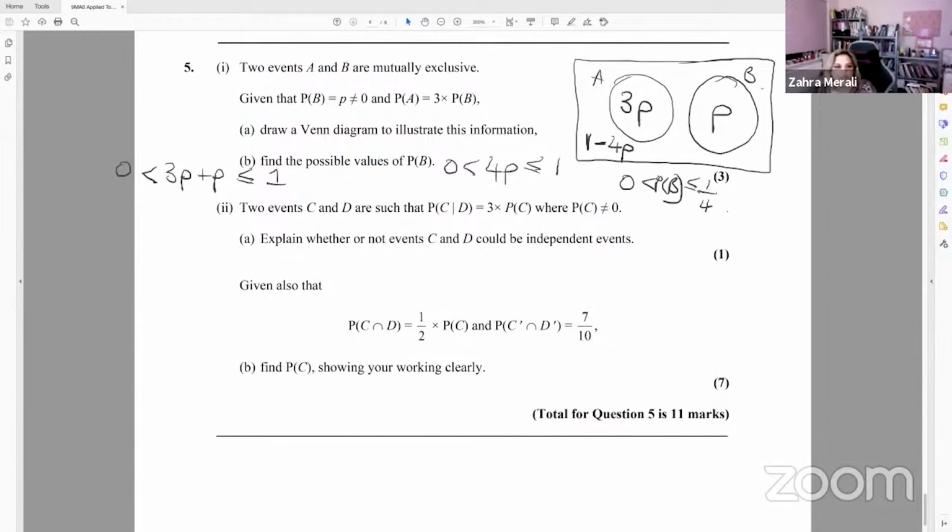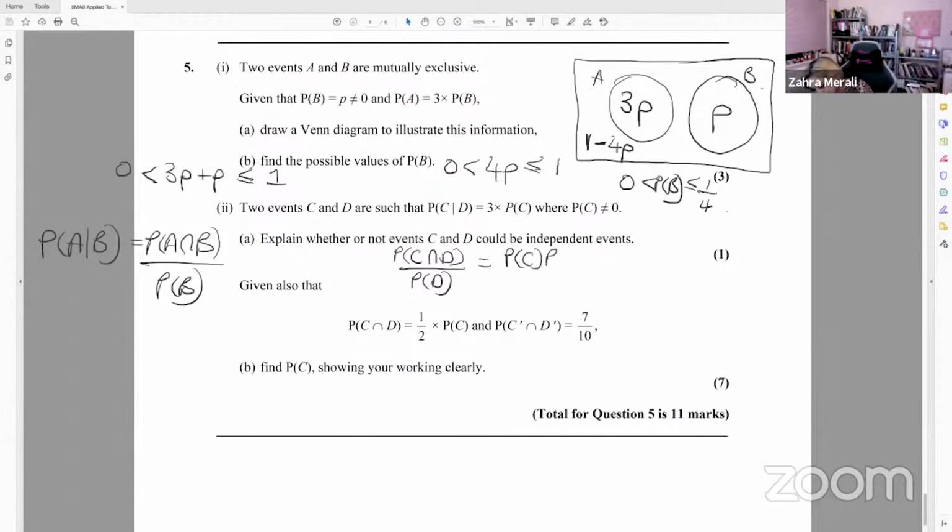Okay. Two events, C and D, are such that the probability of C given D equals 3 times the probability of C. Explain how they can't be independent. Now, it gives you this in your formula book, but you could probably also work it out because you're given the probability of A given B is A and B over the probability of B. So C given D is the same as C and D over the probability of D, but if they were independent, they would be multiplied by each other and it would cancel out.